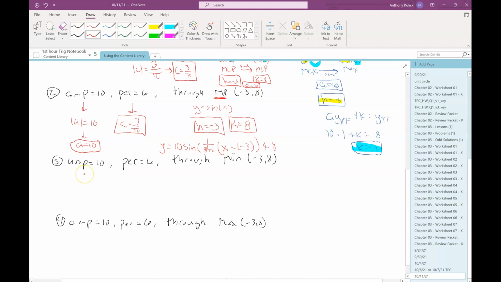Here on number 3, again, we're going to start the same way. So everything is still the same, except now we're told that our point -3, 8 has to be a minimum. Since we're given an extreme point, I'm going to use cosine.